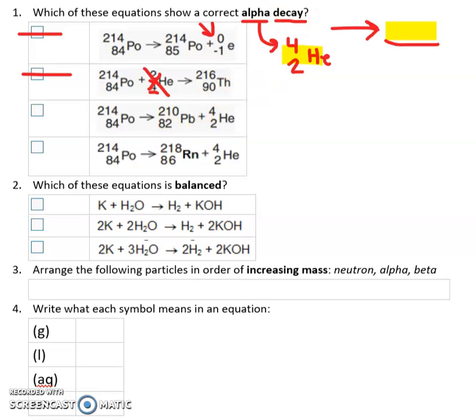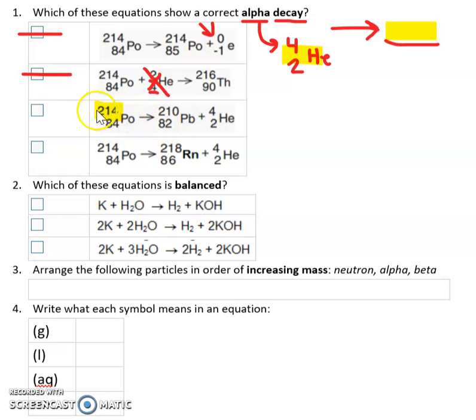So for every formula that you see about balancing nuclear reactions, the total mass numbers on the reactant side have to equal the total mass numbers on the product side, and the total atomic numbers on the reactant side have to equal the total atomic number of the product side.